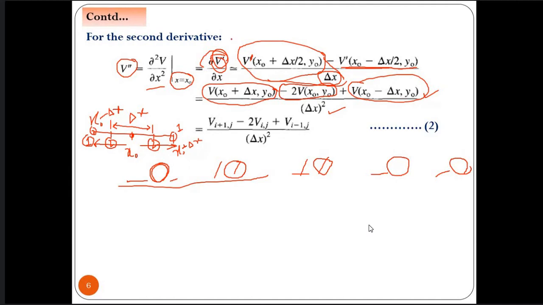You have to first write down d by dx of this one: v of x0 plus del x comma y0 minus v of x0 minus del x comma y0, divided by 2 del x.